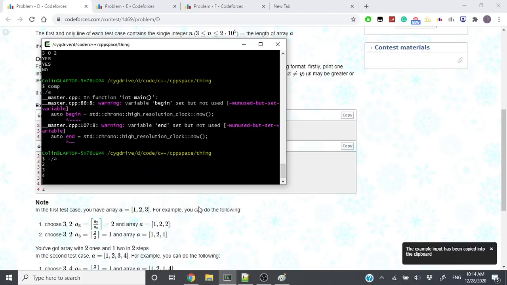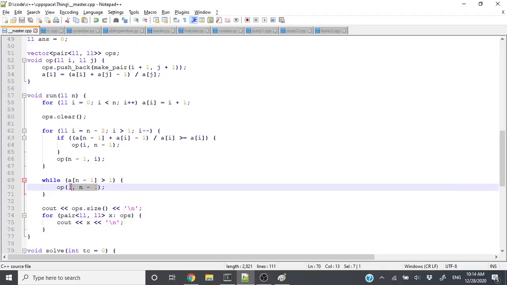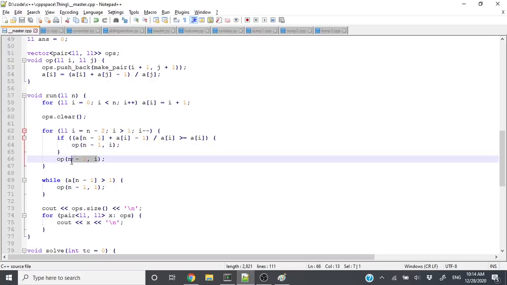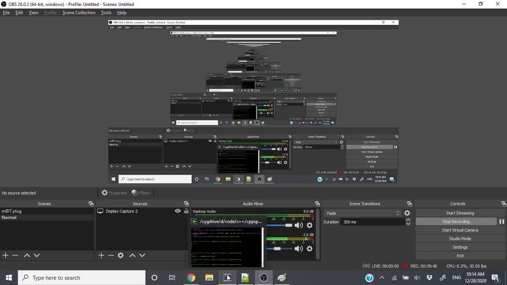This is sketchy. And it doesn't work. Oh, because it should be the other way around. N minus 1, 1. I reversed all of these. Yeah. Okay, right.